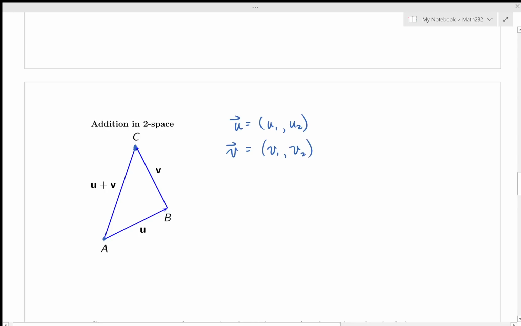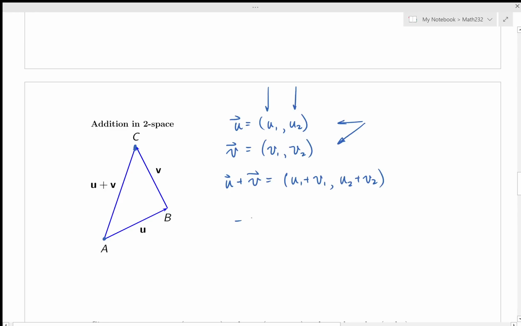When we wish to add them, u plus v, we simply add the components. So this would be u1 plus v1, and then the y component would be u2 plus v2. It's very simple when you have the vectors represented algebraically with their components: you simply add the individual components.